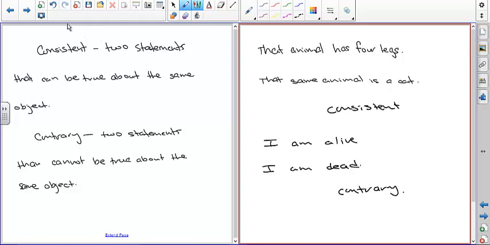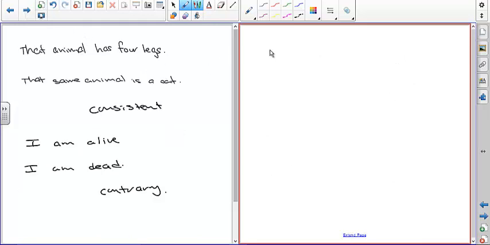I'm trying to think of another example of a contrary thing. I am a millipede. I normally have 2 legs.